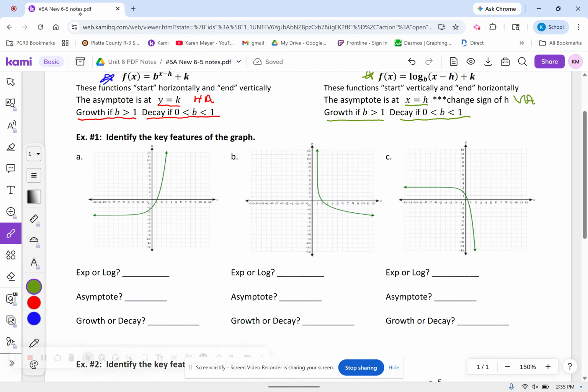If we look back up here, you'll notice that if it starts horizontally, it's exponential, and if it starts vertically, it's log. If I look at this problem, I notice that it's starting horizontally, so that's going to make this one exponential.